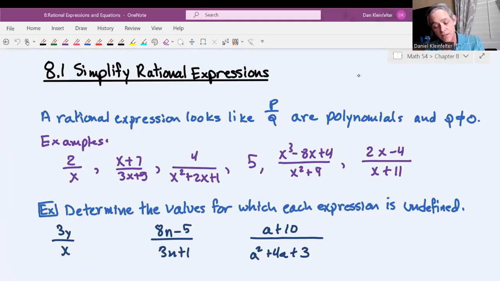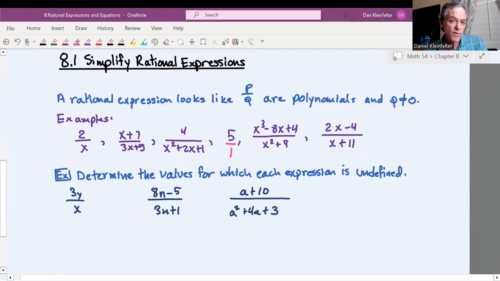I did want to pay attention to the fact that 5 is also a rational expression because you can always write it as 5 over 1. So any number, or in fact any polynomial, can be considered a rational expression that has a denominator of 1, if you like.